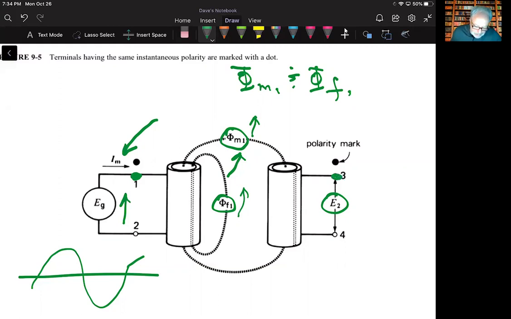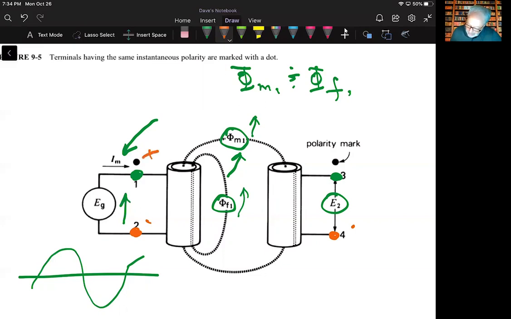So what we want to do is use polarity marks to say that these two terminals will always have the same polarity as we go through cycles. At the same time, we could have also used 2 and 4, and said if this is positive here, then that would be positive here.